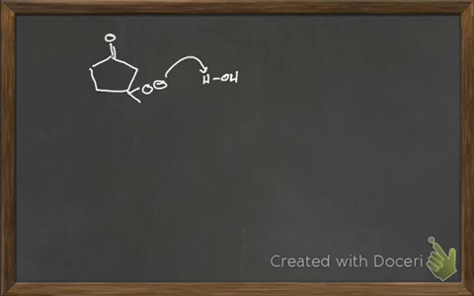So let's just redraw this on this page. There's the intermediate we just drew. Here's a water, so it can snag a proton. We're now here.